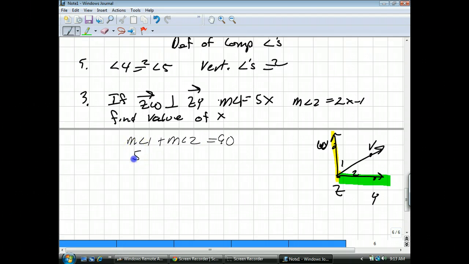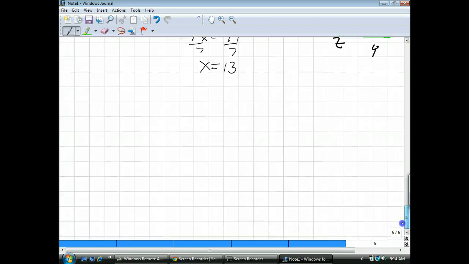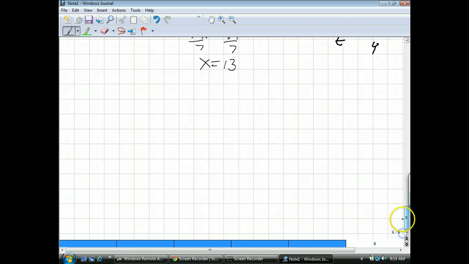So then we can say 5x plus 2x minus 1 has to equal 90 degrees. So now, just using our algebra, x must equal 13. Okay, so that was just by applying the theorem. Okay, and finally, let's do this proof.